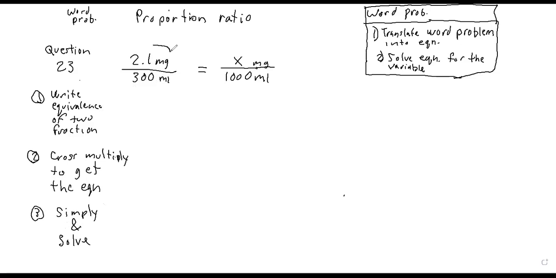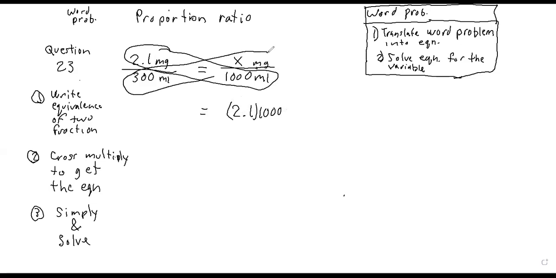So we have 2.1 on the top times 1,000 on the bottom, 2.1 times 1,000, equals X on the top times 300 on the bottom. So that's going to be 300X. Now, we have cross multiplied. This is step 2, and we got our equation.